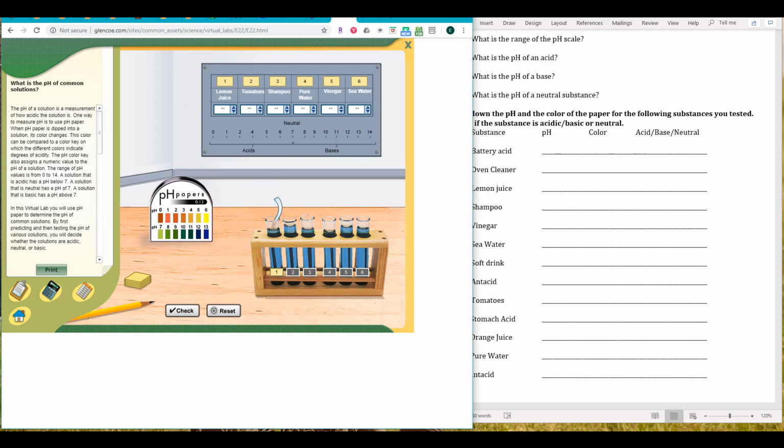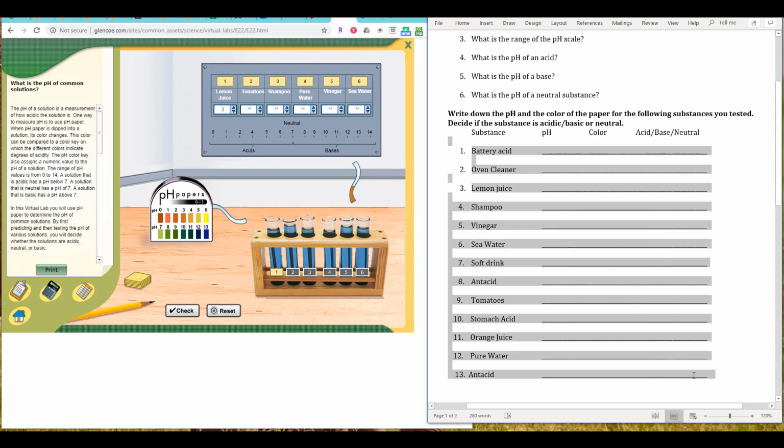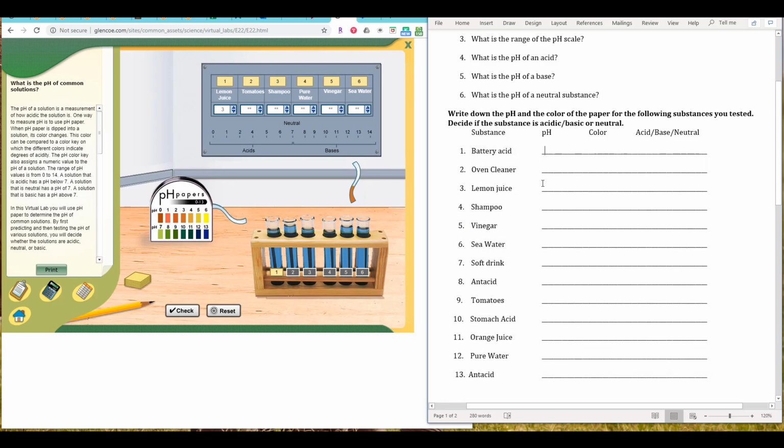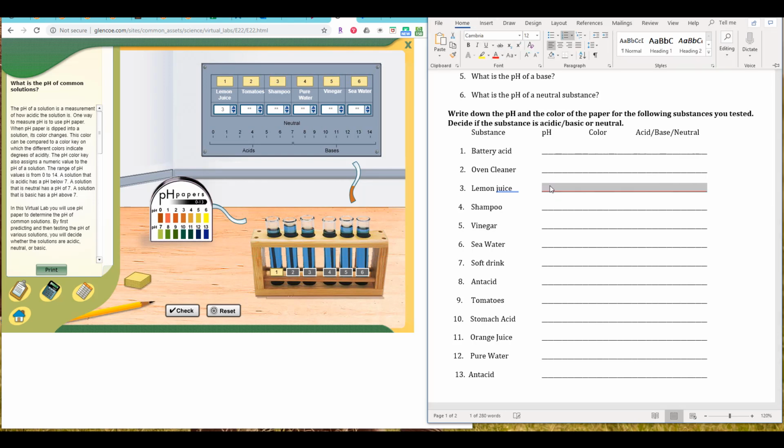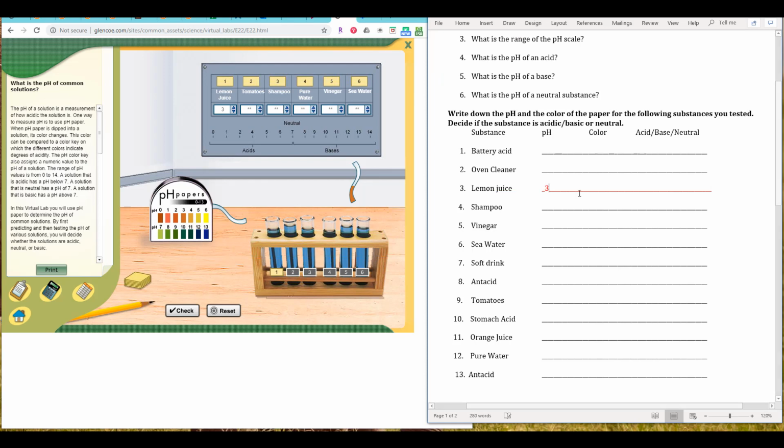So I'm going to take this pH paper, put it in here, and look at it, and we're about at 3. I'm going to put 3 right here. The color was orange. And is this an acid, a base, or a neutral?